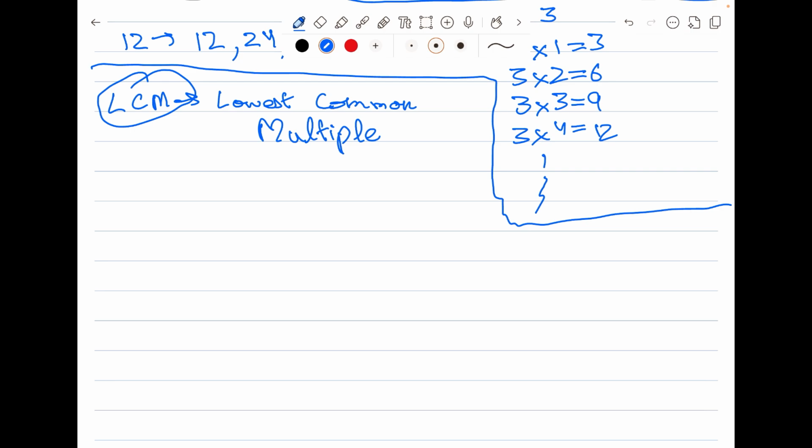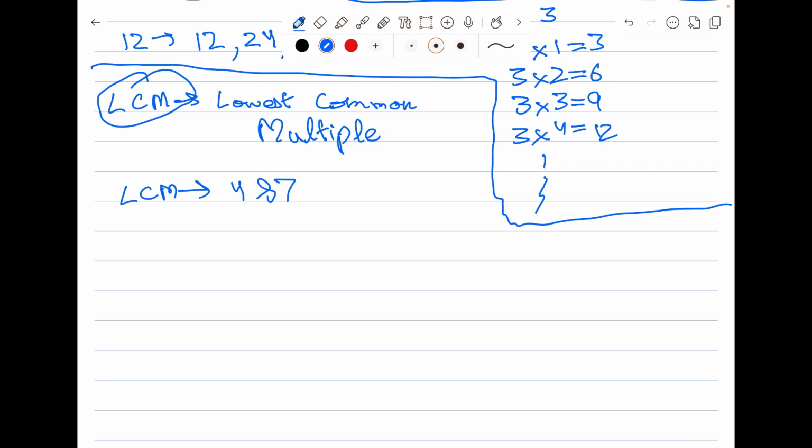You've got to have at least two numbers, all right? So, for example, if we wanted to know the LCM of 4 and 7, right? What you want is the common multiple of 4 and 7, right? A number for which 4 and 7 are both factors, right? And it's got to be the lowest number for which 4 and 7 are both factors of that number. So here's a methodology for doing that.